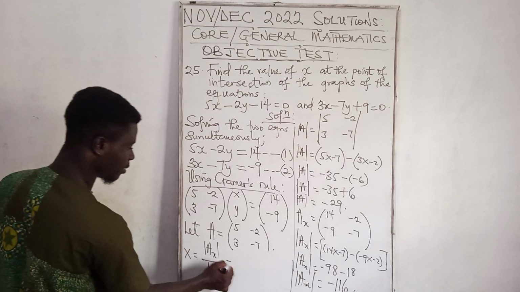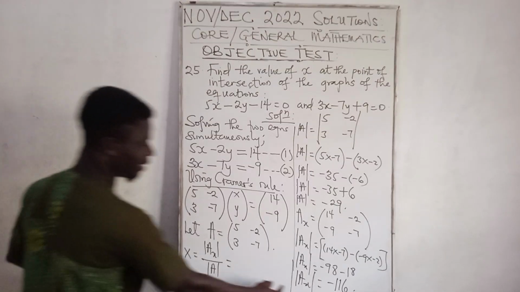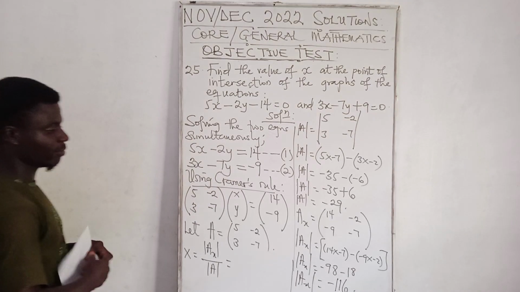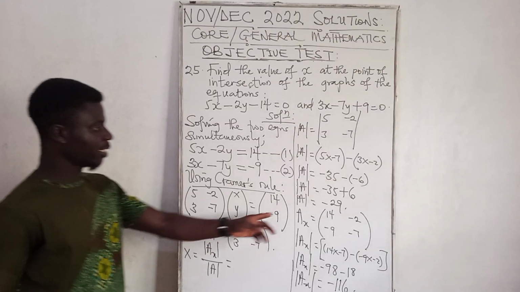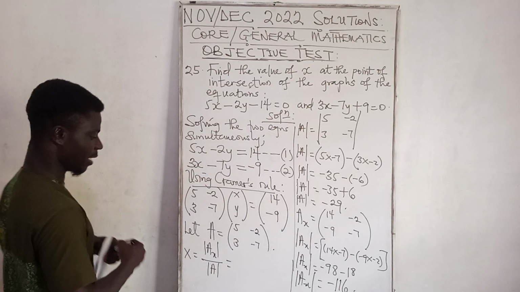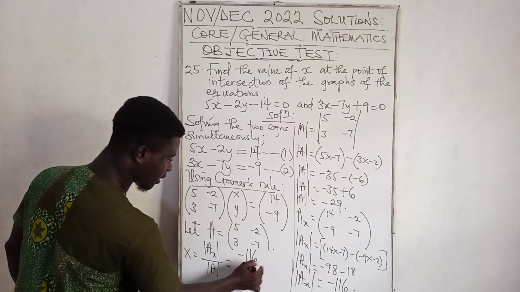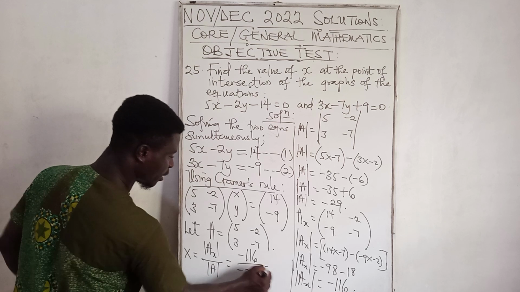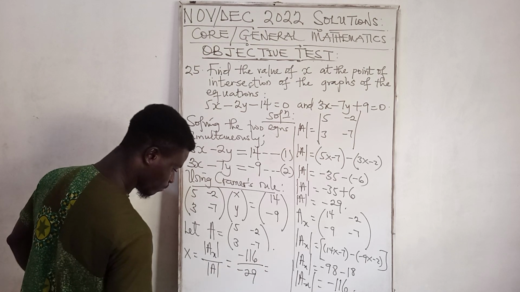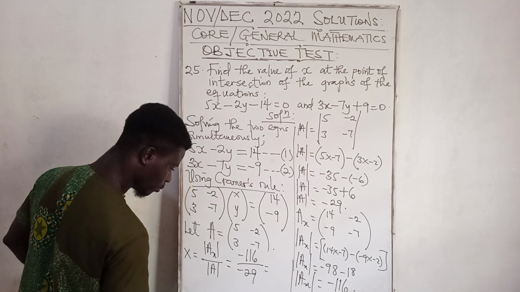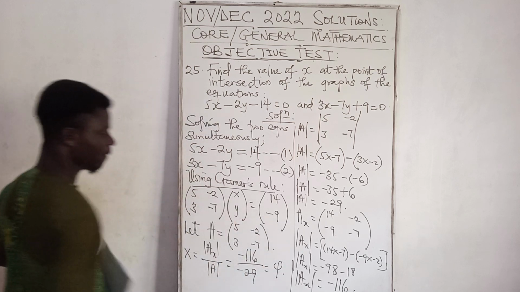So the determinant of Ax is negative 116, and the determinant of A is negative 29. So the value of x should be negative 116 divided by negative 29, which is 4.